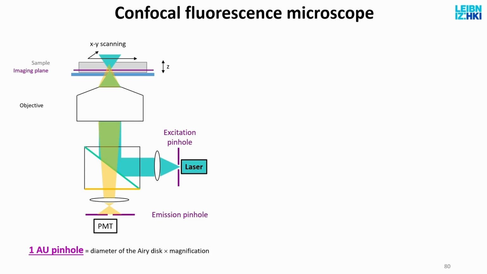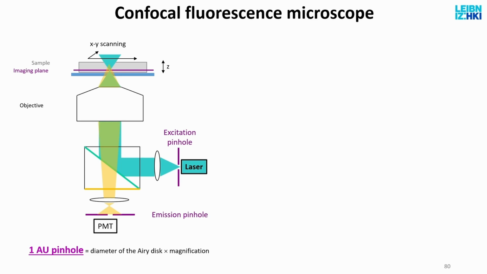But let's say we have 1000x magnification, let's say a 100x objective lens and a 10x lens before the camera or the detector. And this would have to be 200 nanometers times 1000. And that would be the actual size of the pinhole in the microscope.